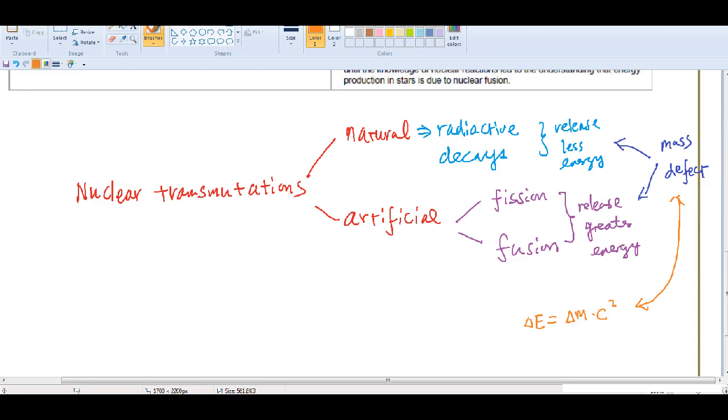And for all these reactions, remember that after the reactions, the products should become more stable than the reactants, or you might say the daughter nuclei are more stable than the parent nuclei.